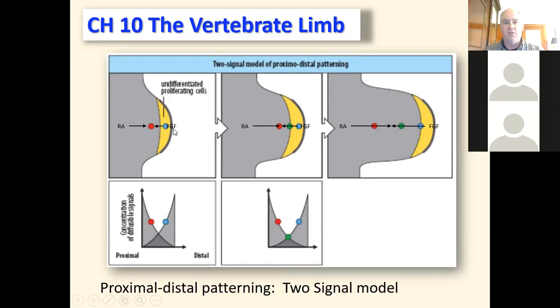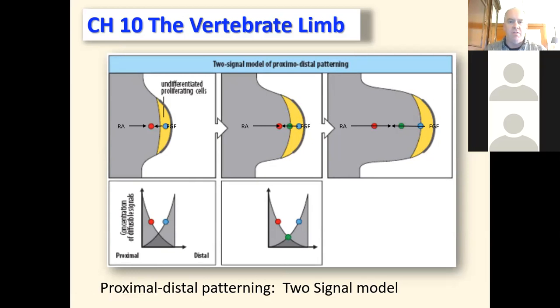So you get a strong gradient from RA to FGF when you've got them both expressed there. And so these gradients then determine the proximal to distal patterning. Because things that are very proximal are seeing mostly retinoic acid, things that are distal are seeing mostly FGF, and things in the middle are seeing a certain concentration of both.